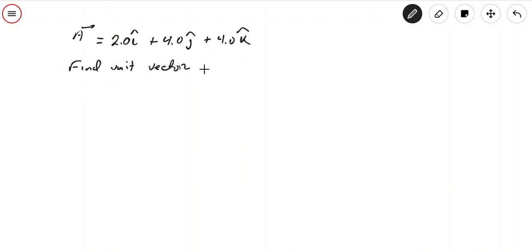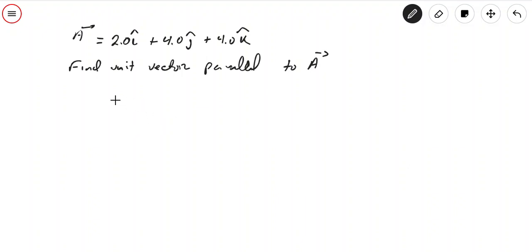So I have a vector A here, that is equal to 2.0i plus 4.0j plus 4.0k. And the question here is to find a unit vector parallel to vector A.